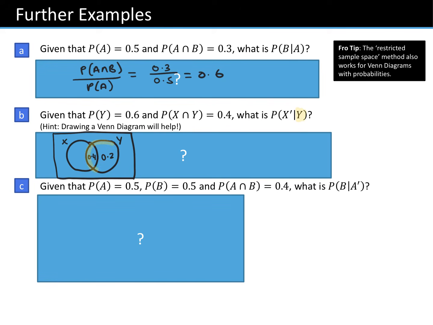Y is here. Not X is this section out of that bit. So the answer is 0.2 out of 0.6, which is going to equal a third.